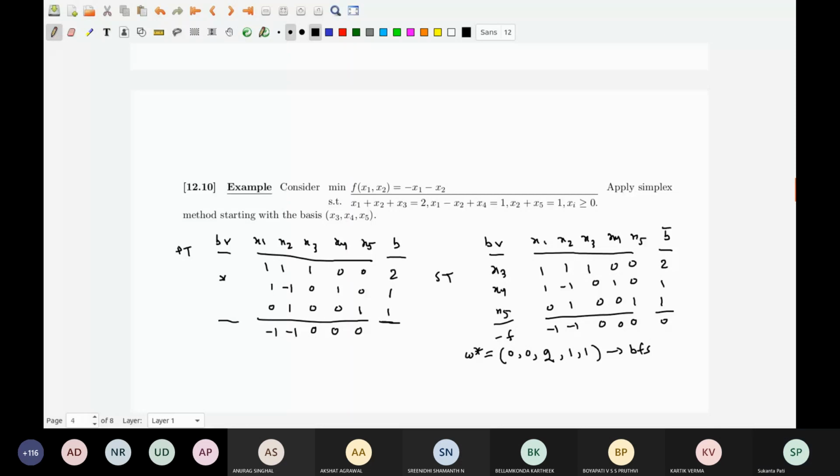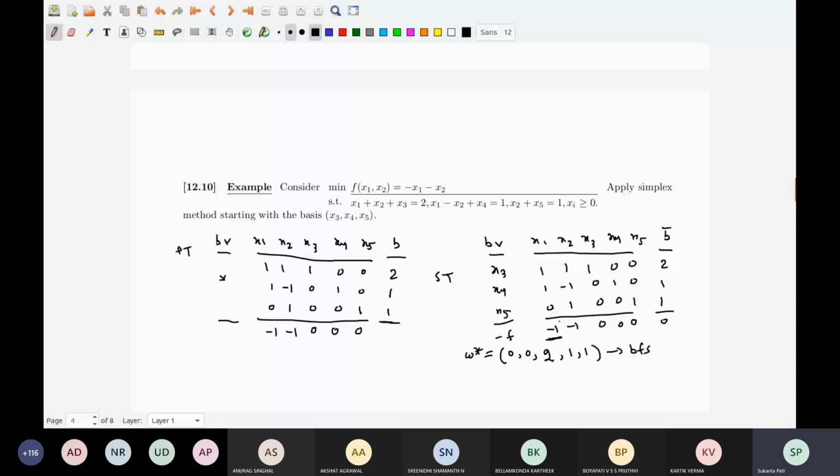Fine. Now I am seeing C bar. C bar has some negative entries. So then I have to choose one negative entry and go in that direction. Which one do I want to choose? In the bottom I have selected x2. So here let me select x1. So suppose I am selecting this one, that means I am looking at 1 1 0.